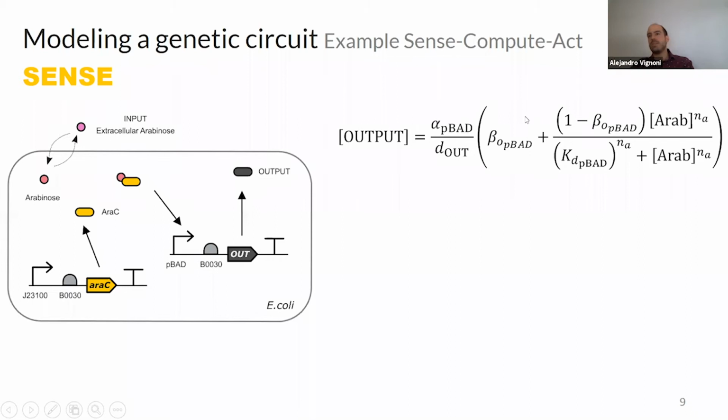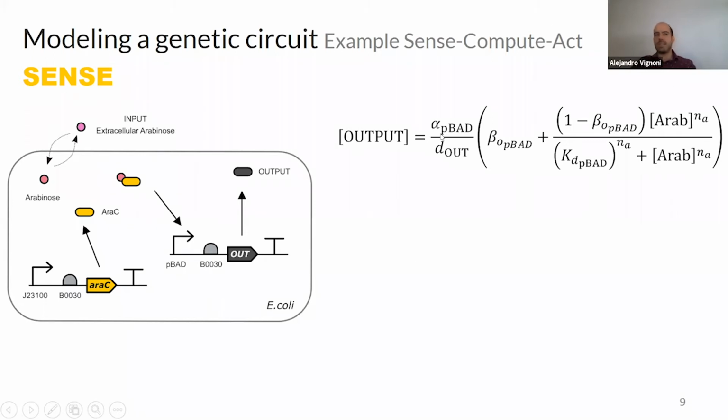So this is called the basal expression. If there is no AraC, if you put the 0 here, sorry, arabinose, if you put the 0 here and here, all this term is 0. So what remains here is what is called the basal expression, is what is expressed even when the amount of inducer, arabinose in this case, is 0.